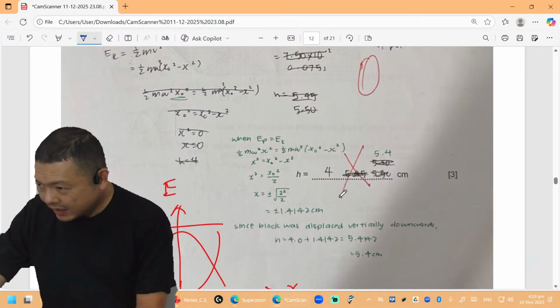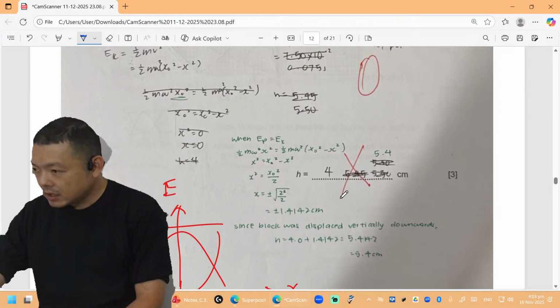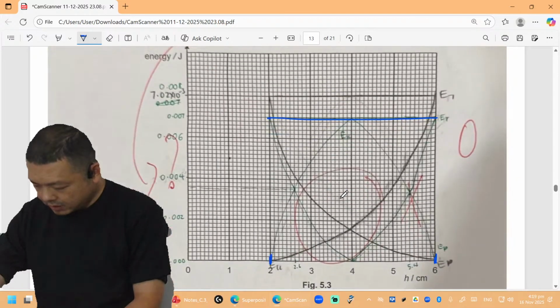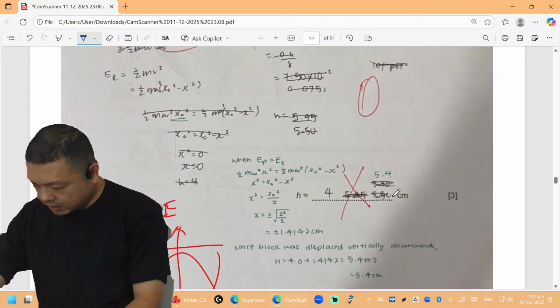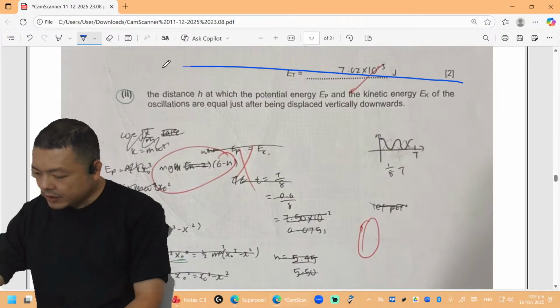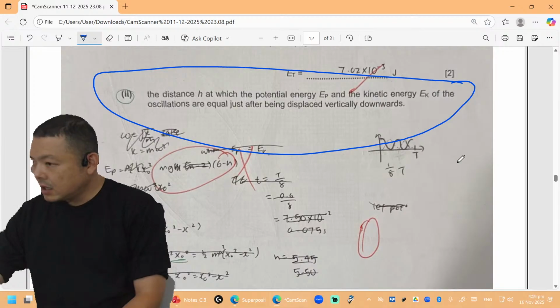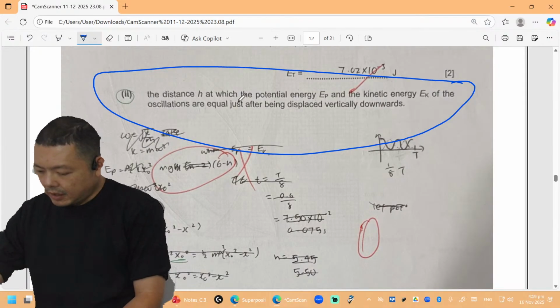In which part, sorry? Oh, I don't know. Oh, no, it's for this one here, is it? It's for part 2, right? For part 2, determine at which point the PE and the KE are equal to each other.